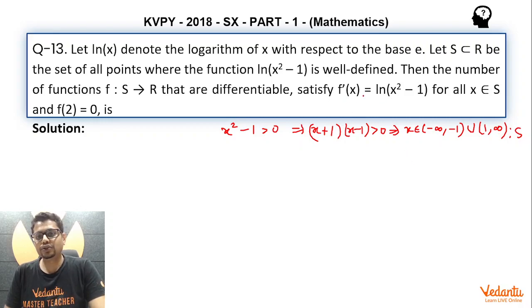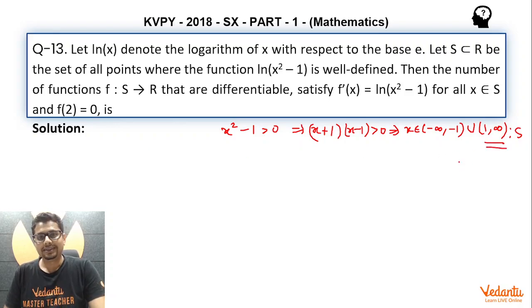Now, as we solve this differential equation, so to speak, we would get expressions for f of x in these two intervals, minus infinity to minus 1, and 1 to infinity. And what we have is f of 2 equal to 0, and 2 belongs to this interval.